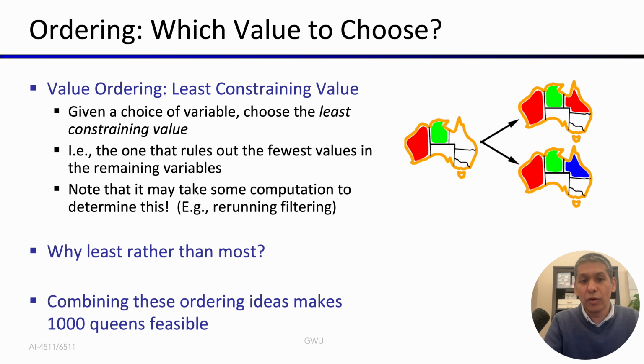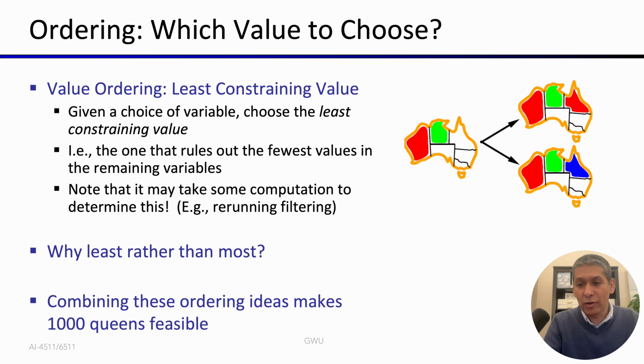In this case, you can question why least, why not most. You can try the MCV as well, the most constraining value. But from the empirical results, the MRV plus LCV combination often gives you at least 2 orders of magnitude improvement over not using those.